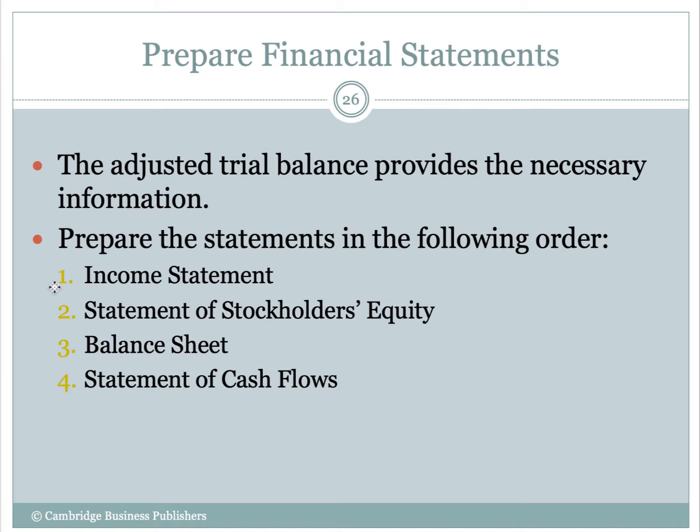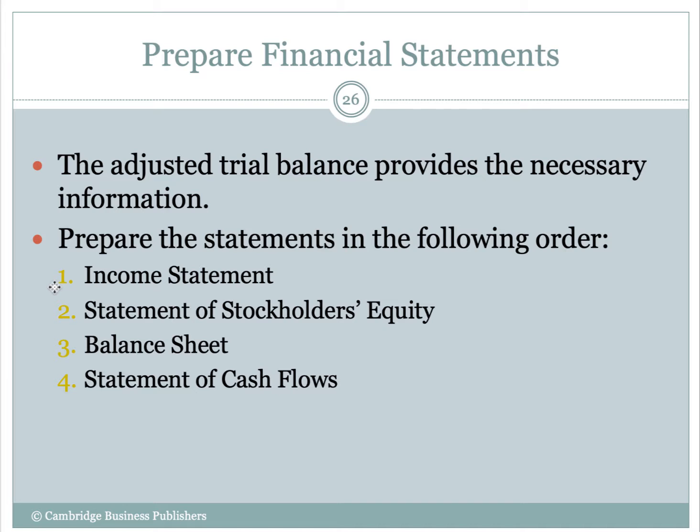Well, what I mean is we need the income statement first, because the income statement provides us with either net income or net loss, okay? Net income or net loss affects shareholders' equity. So we need that net income before we can prepare the statement of shareholders' equity. Shareholders' equity gives us our equity balance.